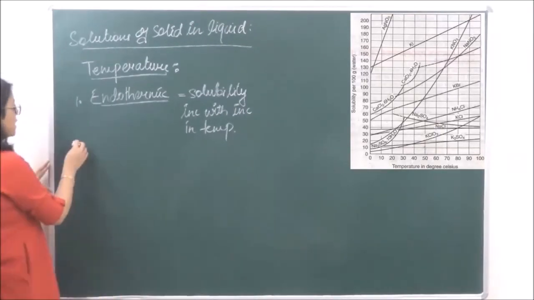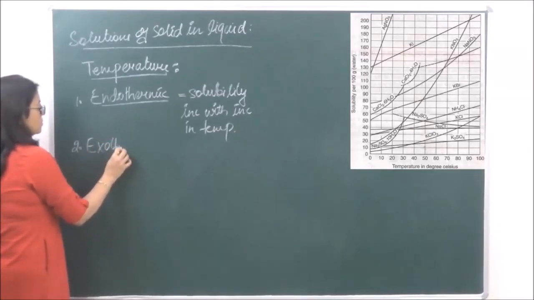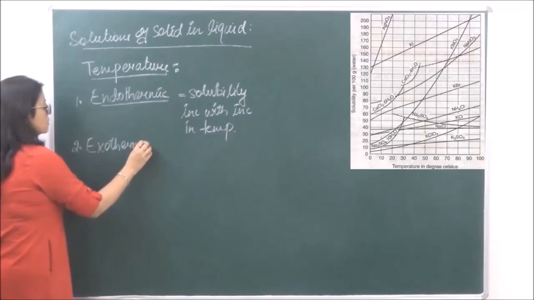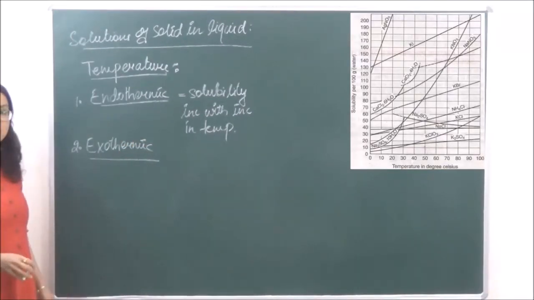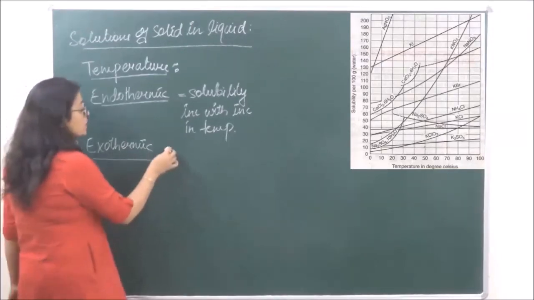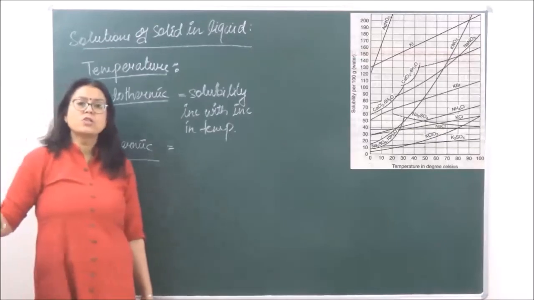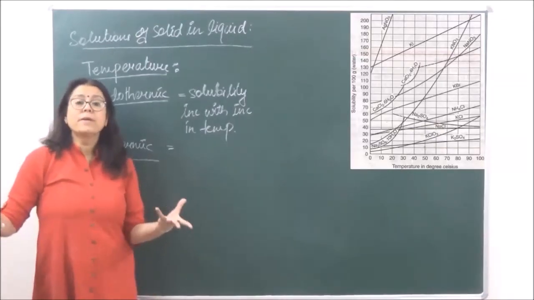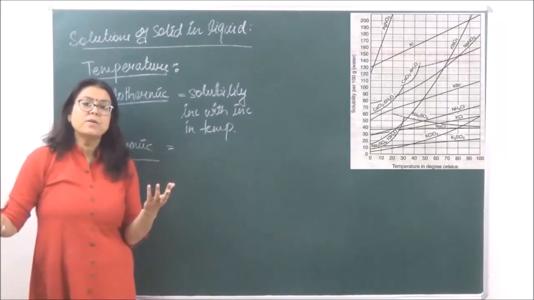Then we have the second one, exothermic. Right? For exothermic processes, when we are mixing the solute and the solvent, the tumbler is going to become warm, which means that energy is being released.